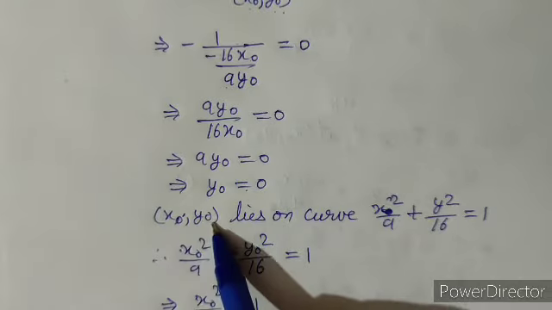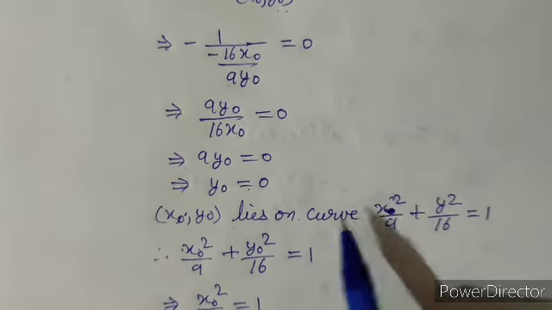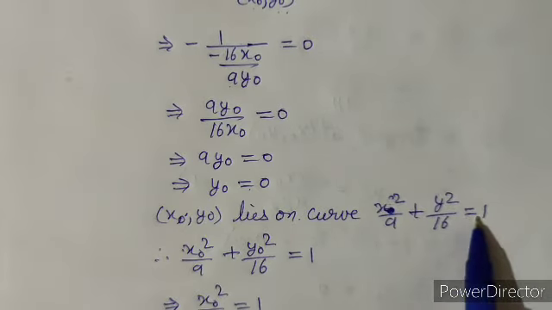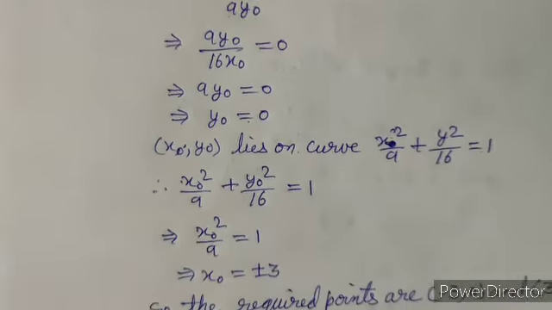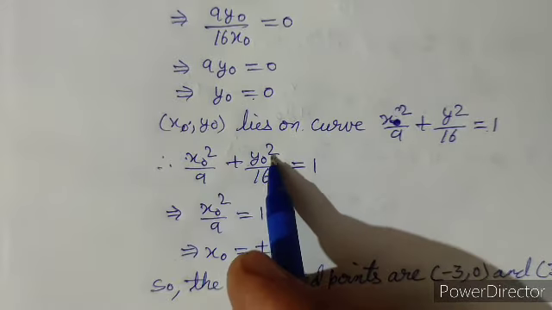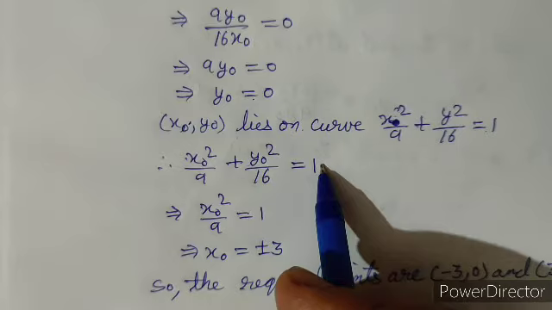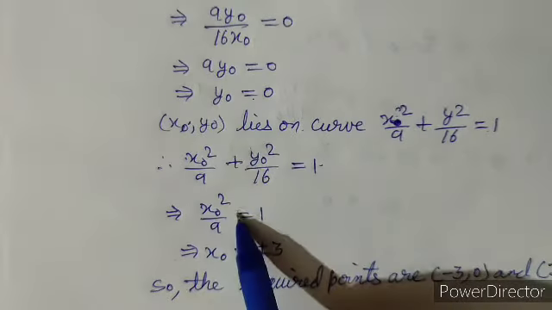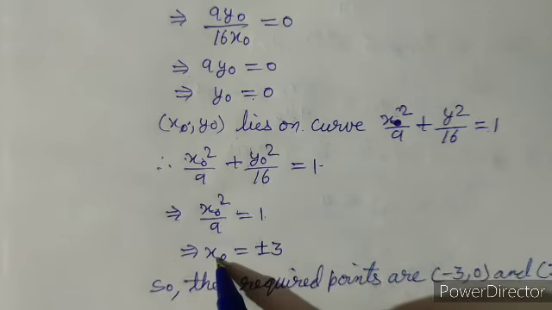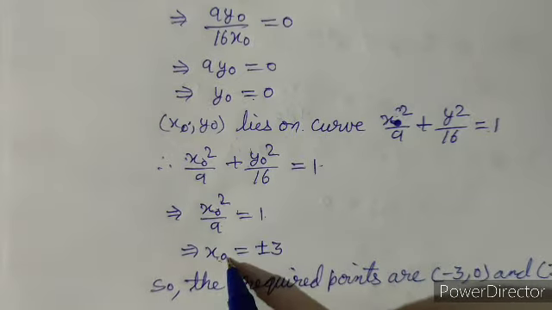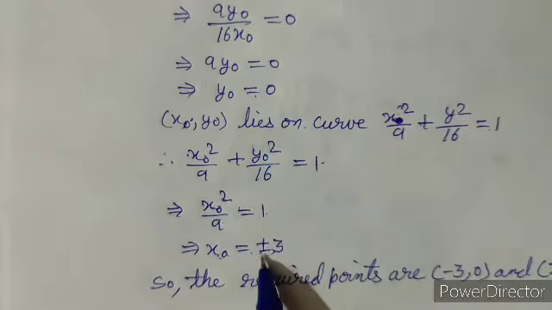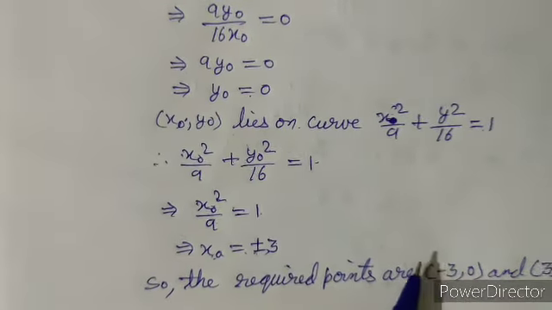Again x0, y0 lies on the curve x square upon 9 plus y square upon 16 equal to 1, so x0 square upon 9 plus y0 square upon 16 will be equal to 1. On putting the value of y0, we are getting x0 square upon 9 equal to 1, and that will give us the value of x0 as plus minus 3. So the required points are (3, 0) and (minus 3, 0).